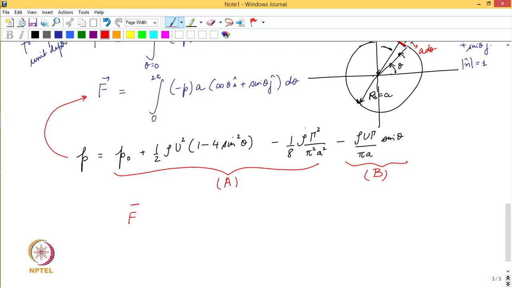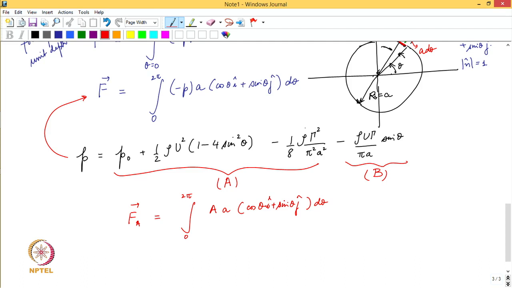Well, if you just look at part A, and if you were to calculate the force contribution from part A, F A, which would be the integral 0 to 2 pi of the A contribution multiplied by A (cosine theta i cap plus sine theta j cap) d theta.